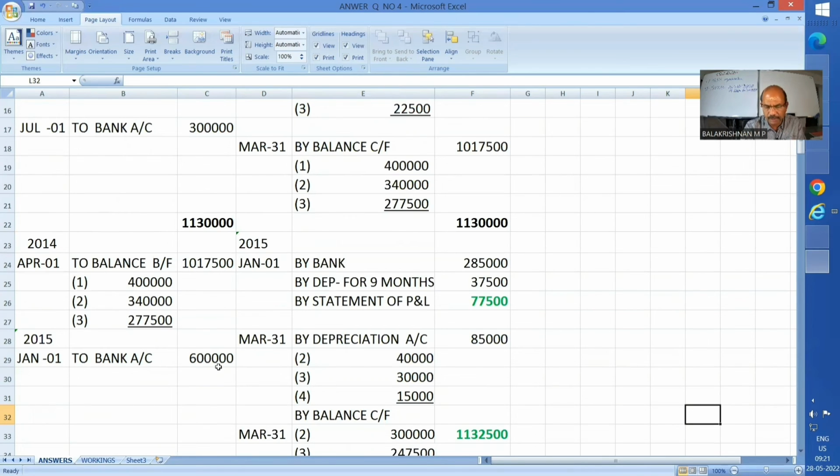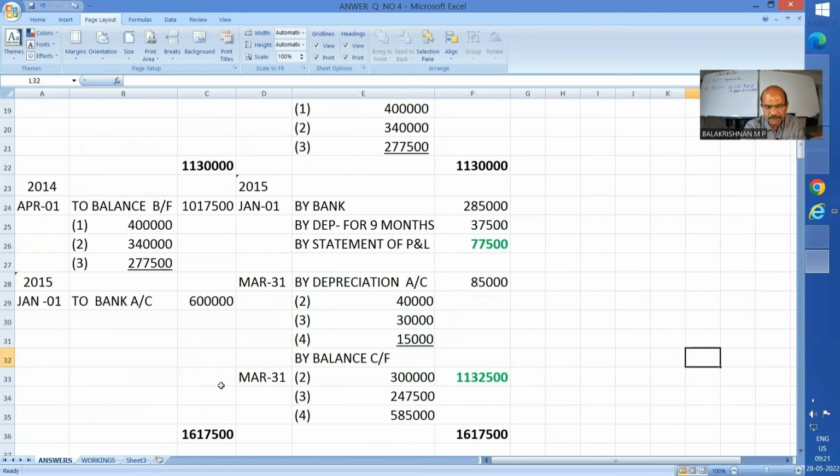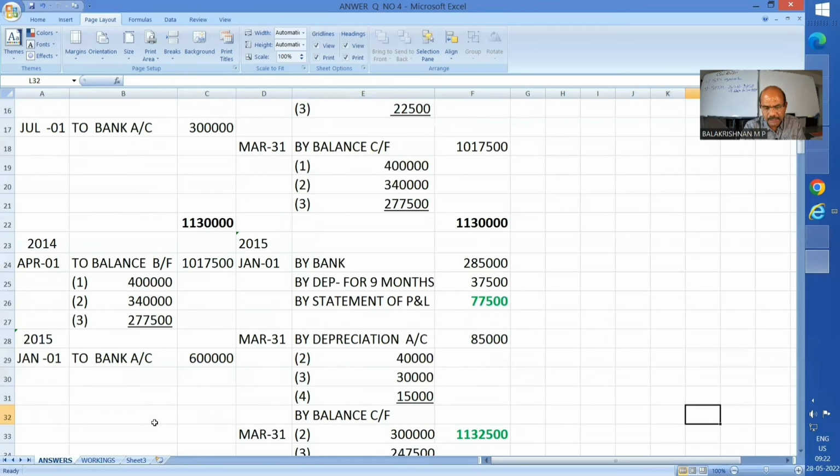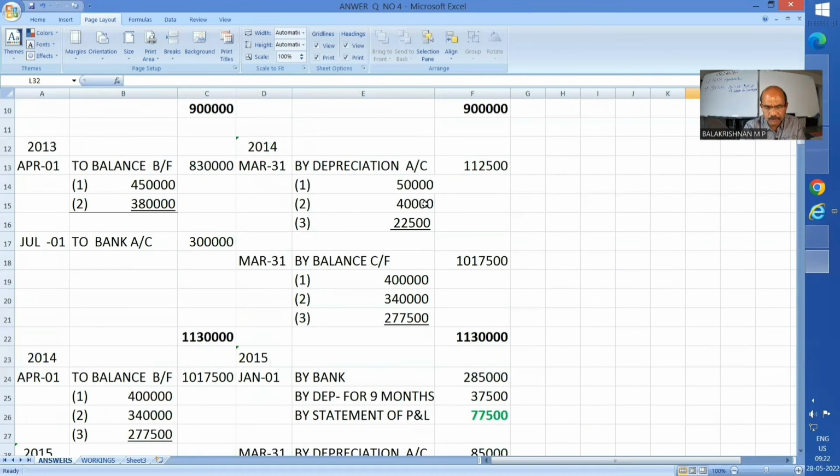We have clearly accounted it. Now, year-end customary depreciation accounting. Please keep it in mind. The item that has been sold is not at all in the picture, and we don't have to calculate any depreciation. So machine 2 is to be considered first. Machine 2, what was the depreciation? 40,000.